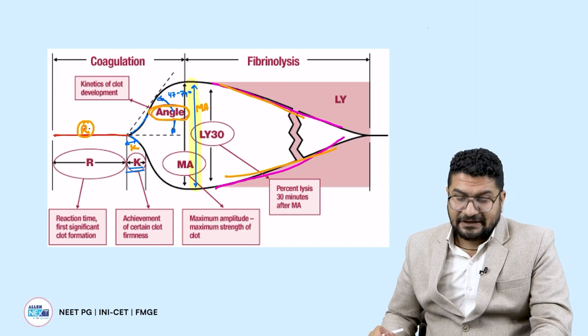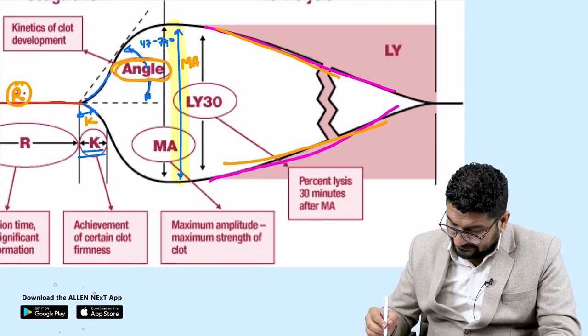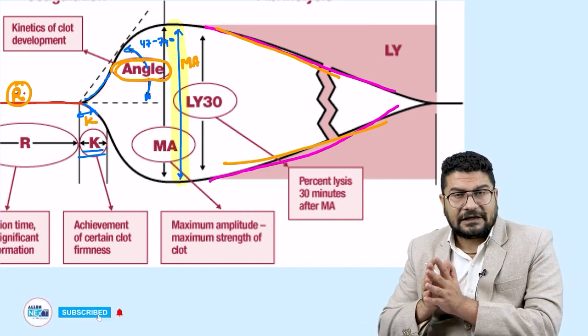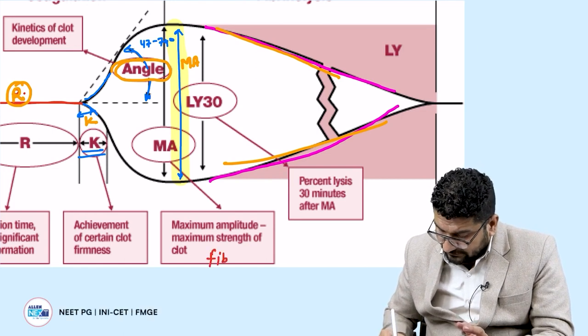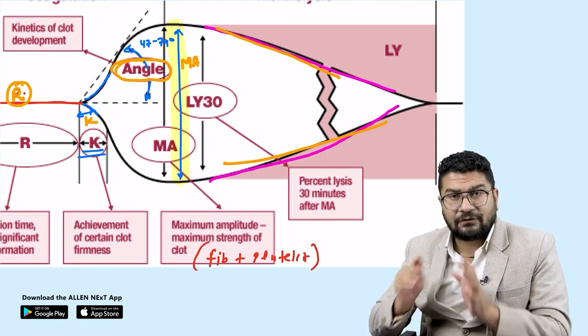Each of these readings has a particular significance. Maximum amplitude or maximum strength of the clot is your MA. MA is telling you about the interaction of fibrin and platelets. So more and more fibrin gives the maximum strength we can get.